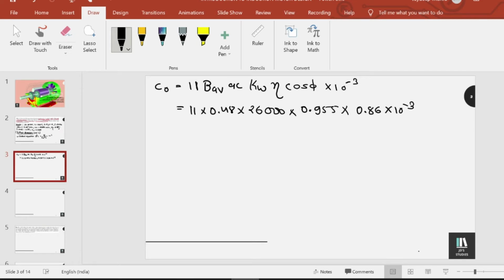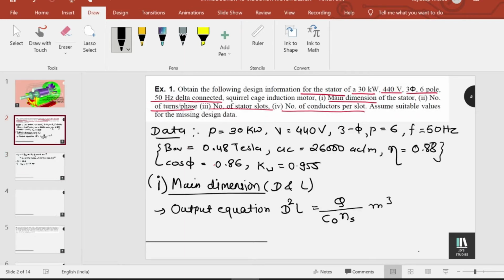So here we get this value of C0, which is 99.2, and Ns is what? Ns is 16.67 RPS. How can we consider it?